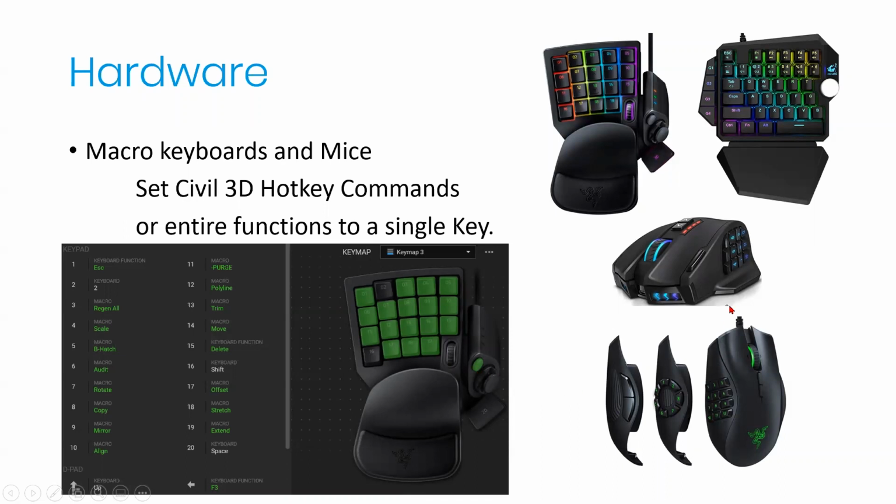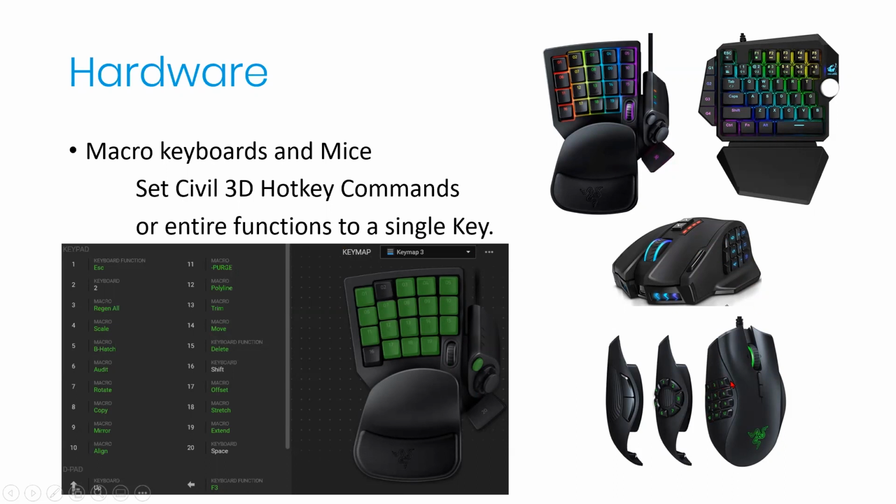Now if you don't want a whole keypad, if you're not really into the whole keypad, they do have mice now that mostly are used for gamers and such, but they don't have to be. The macros, you can set them up for AutoCAD too. This is not just for a gaming device, all right?